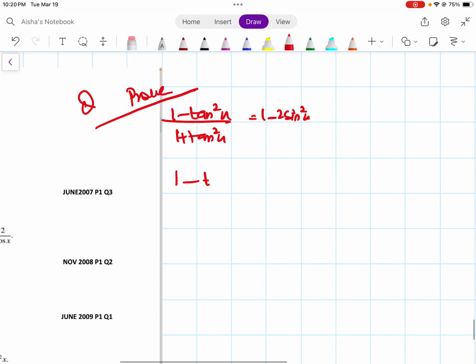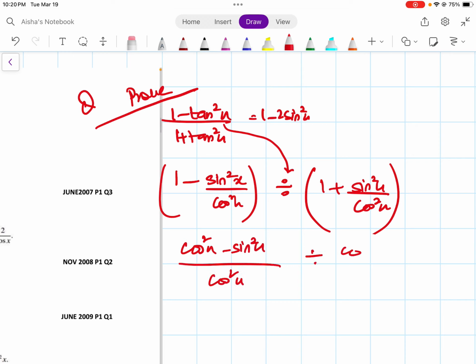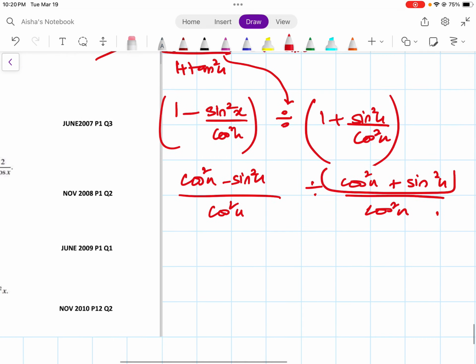Now, tan square can be written as sine square upon cos square x. 1 minus sine square upon cos square x, this division sign will come here, and 1 plus sine square upon cos square x. Taking the LCM, you know this entire thing is equal to 1 through identity, and this will cancel out.